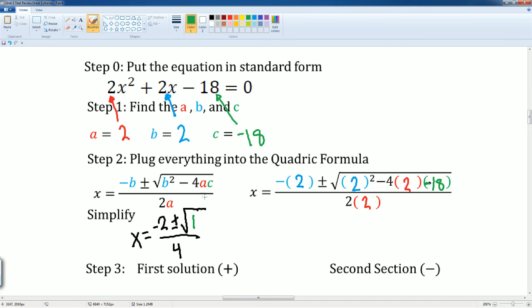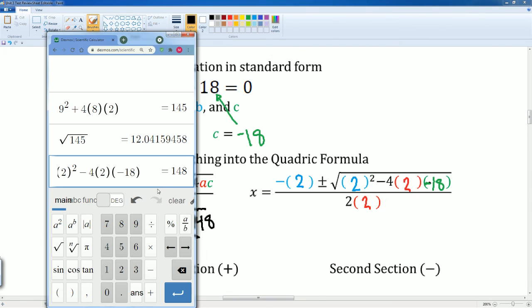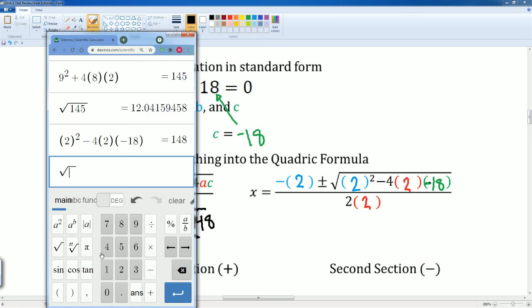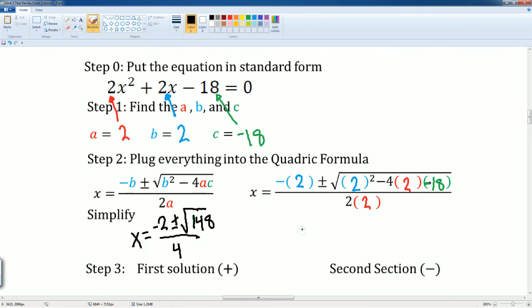So this is 148. Let's see. Can radical 148 be broken down? The square root of 148. Nope, it cannot be broken down neatly. So we can just leave it like that.